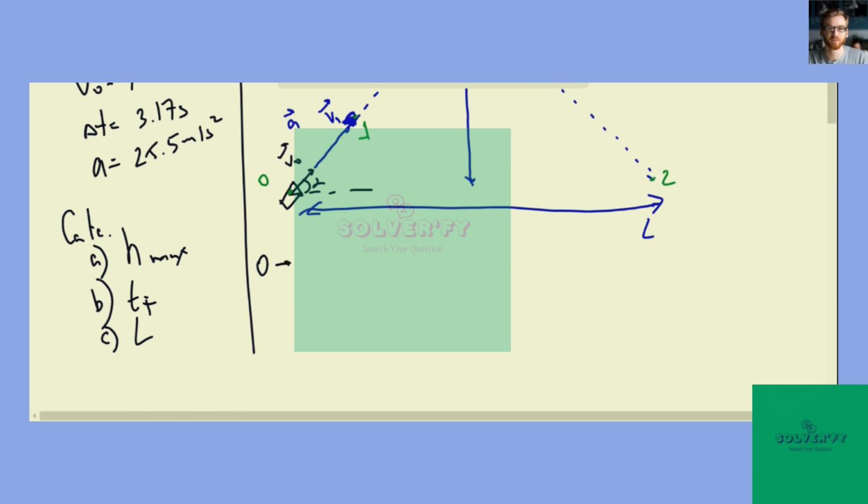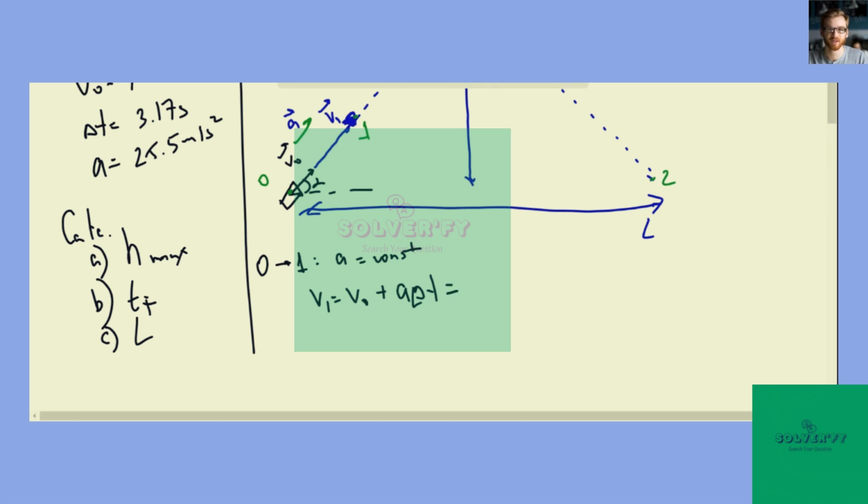The period from 0 to 1 is a motion under constant acceleration, and the velocity of the rocket at time 1 equals the initial velocity of the rocket plus a delta t. So a has the same direction as the velocity, so we just multiply it by time.